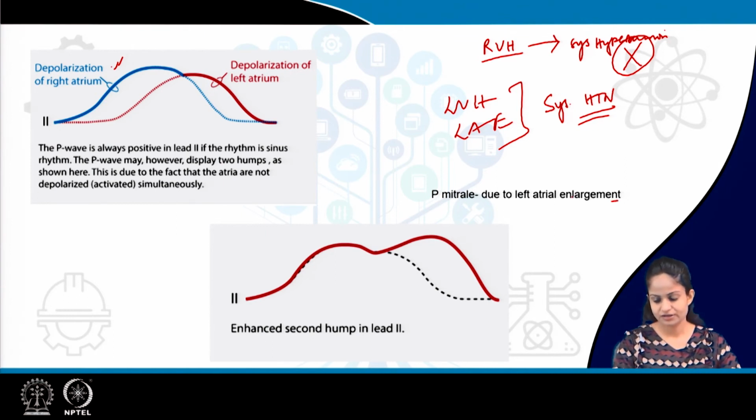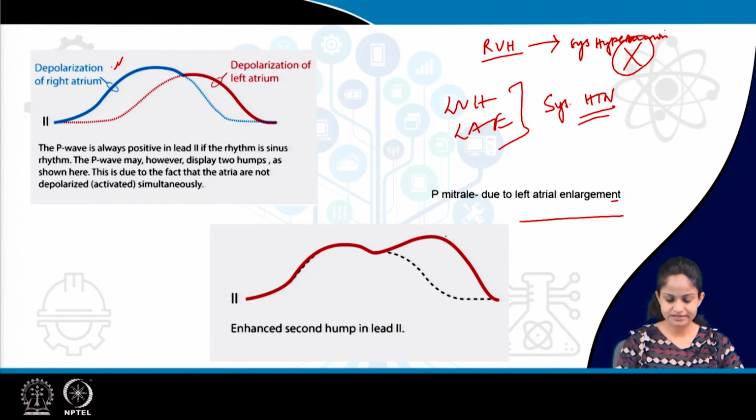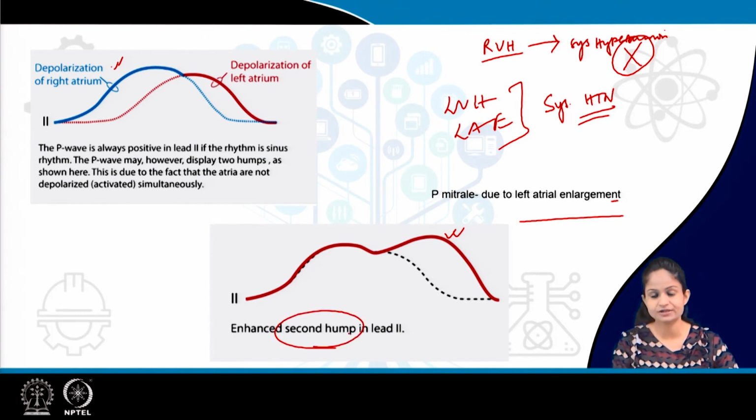In left atrial enlargement, we see this enhanced second hump, specifically in lead 2. The two atria are depolarizing separately because of the enlargement of the atria.